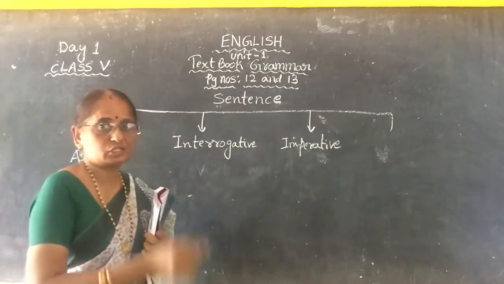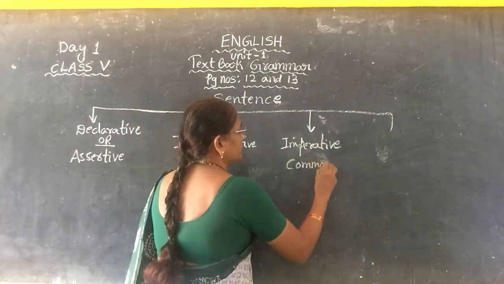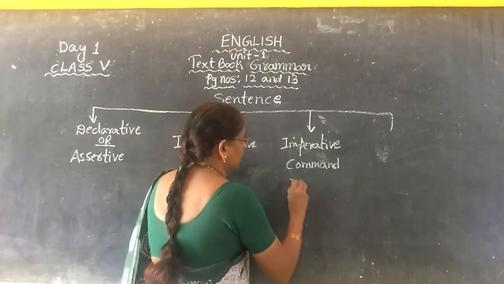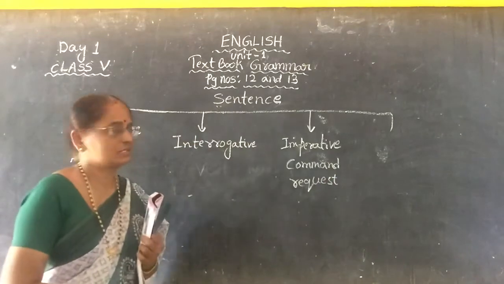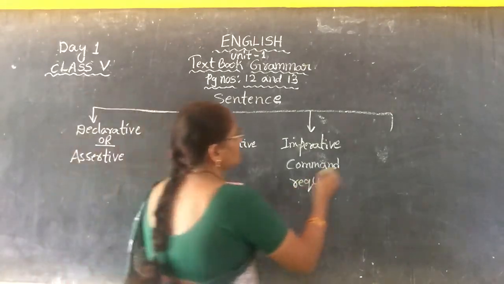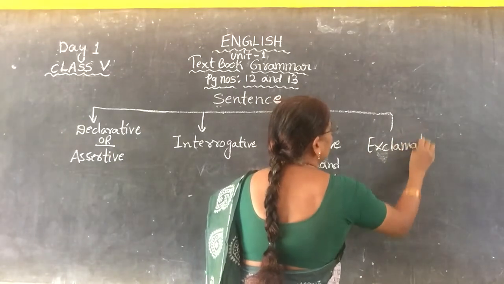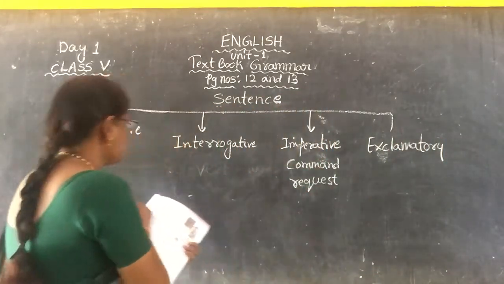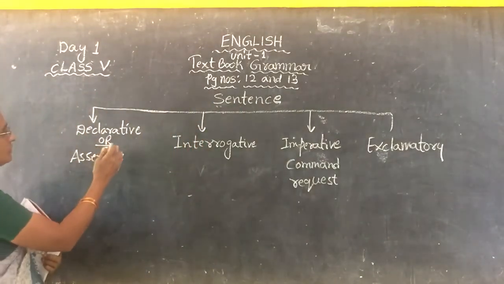In this, 2 options will be there. One is called command and one more is called request, children. I will tell you with the examples. Next, the last one is exclamatory sentence. Okay? See, how many types of sentences are there?